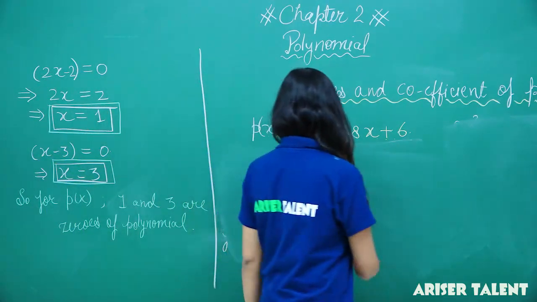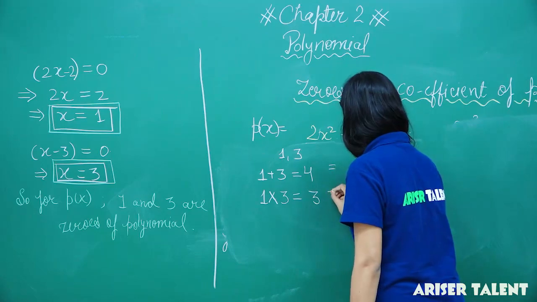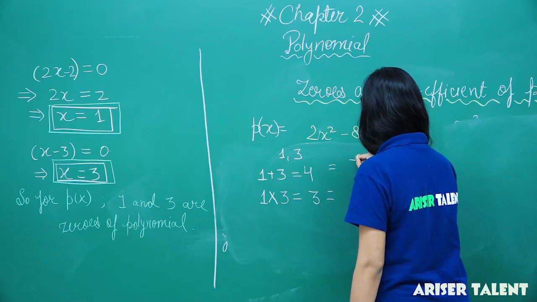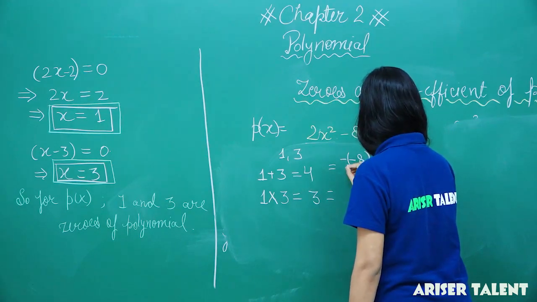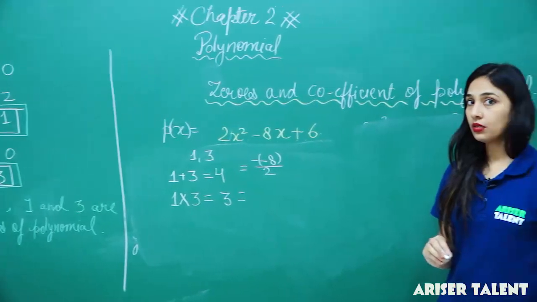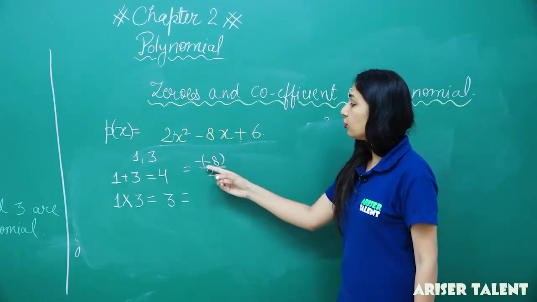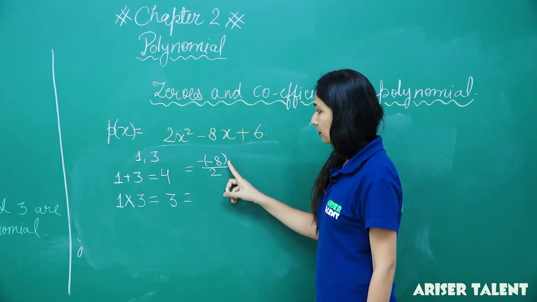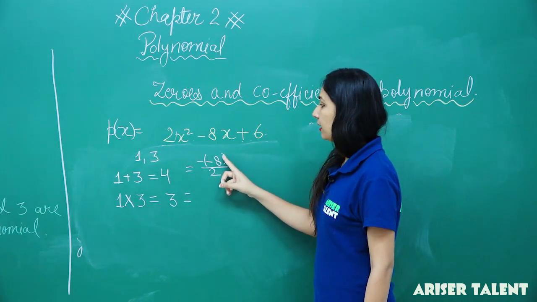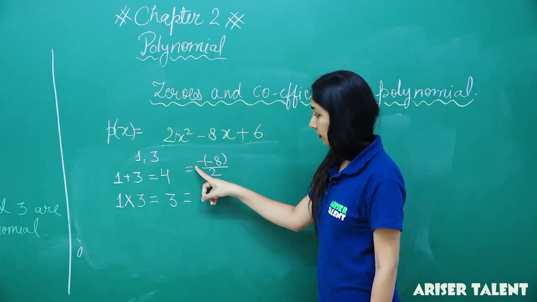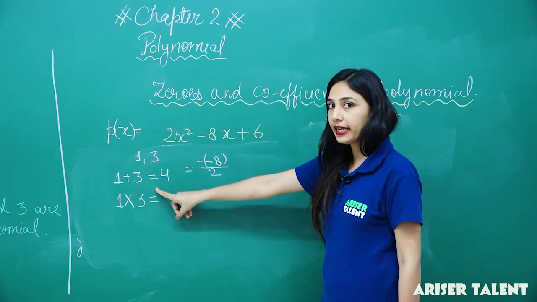Now you can rewrite this as minus of minus 8 by 2. Minus of minus 8 by 2 is, sorry, this will be minus of minus 4, so it's 4 again.